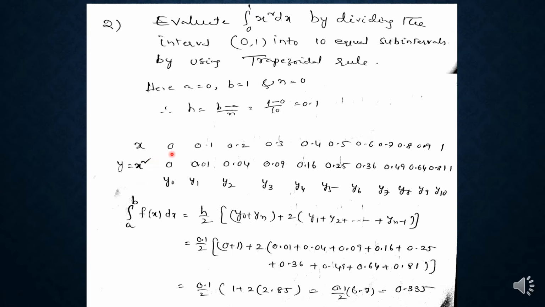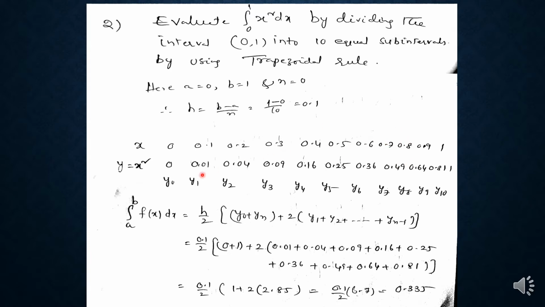So first value is 0, next this is x0, this is x1, 0.1, 0.2, 0.3, 0.4, 0.5, 0.6, 0.7, 0.8, 0.9, 1.0. So this is x0, x1, x2, x3, x4, x5, x6, x7, x8, x9, x10.